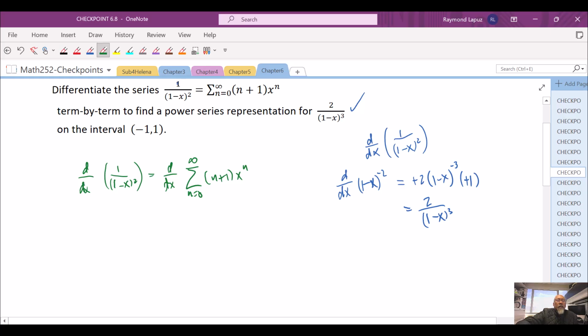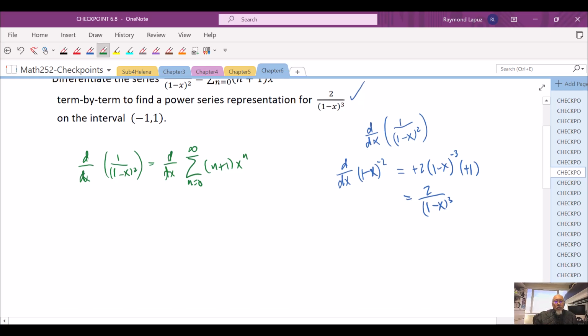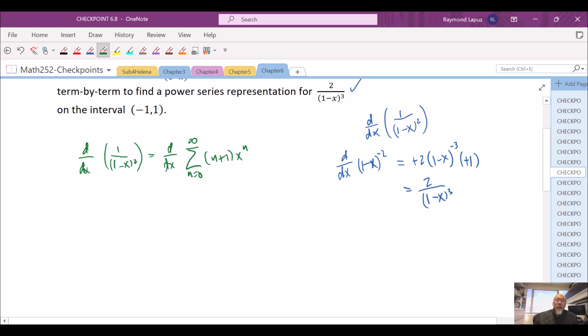It turns out that the derivative of a sum is the sum of the derivatives, so it's like piecewise differentiation, which makes the series nice to work with in calculus because we can just take the derivative term by term. So that's term by term differentiation. So you are really looking at going from 0 to infinity of d/dx of (n plus 1) x to the nth power.